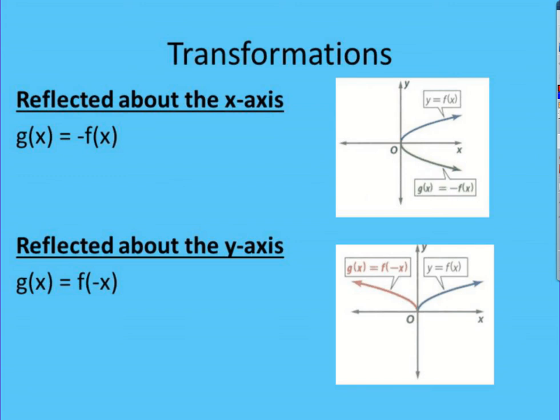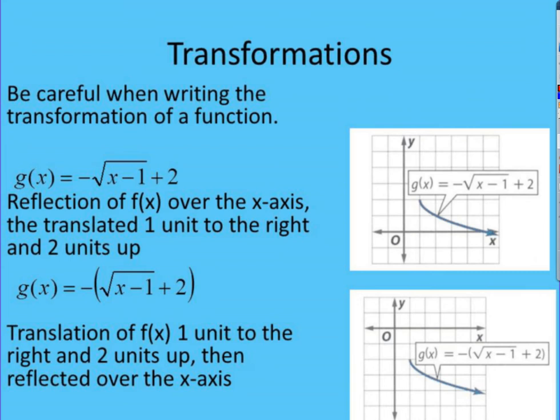If we want to reflect across the y-axis, that negative sign is going to be inside the parent function and only be on the x. So if the negative is on the x, reflect across the y. If the negative is on the y, in front of the whole parent function, then you reflect across the x. You do need to be careful on where that negative sign is located and if there are any parentheses.